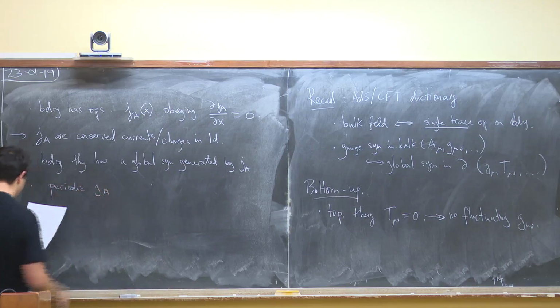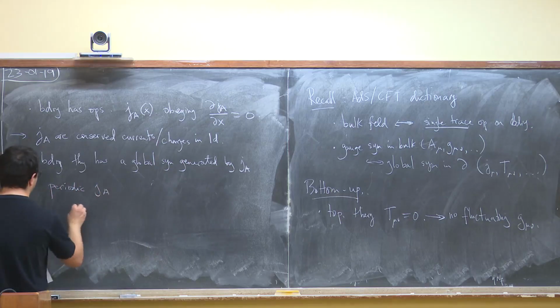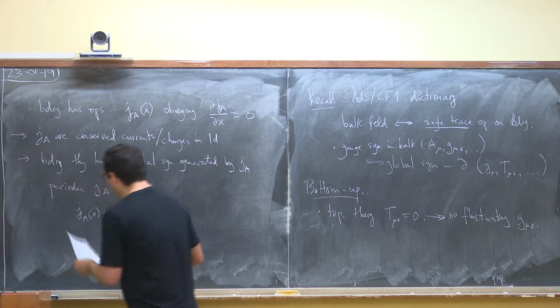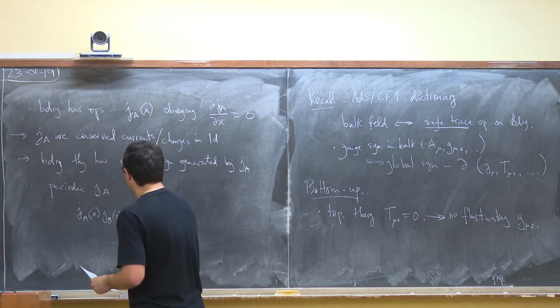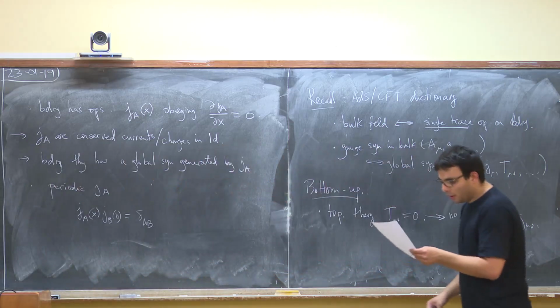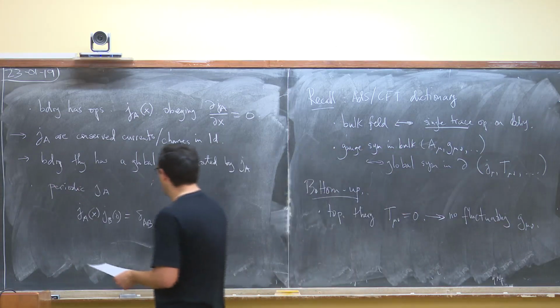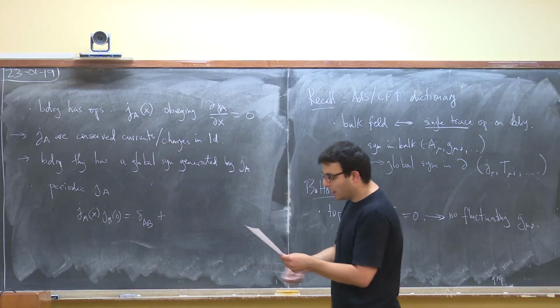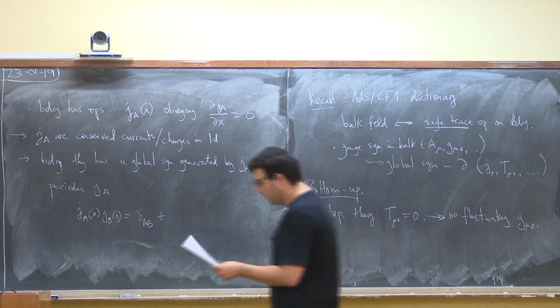J^A. And then the 1D OPE looks like this: J^A(x) J^B(0). Well, we can normalize the operator so that the leading term is delta^{AB}, so that the identity only appears here. And then we get the sum over the other operators in the theory.